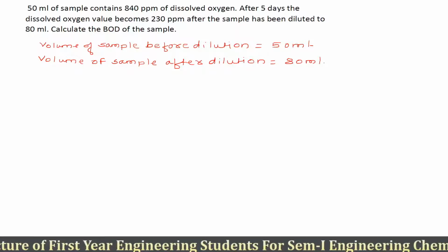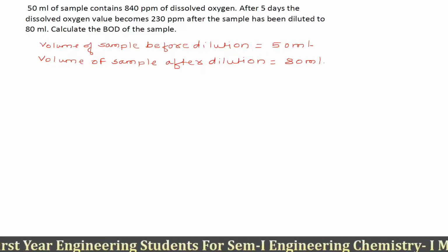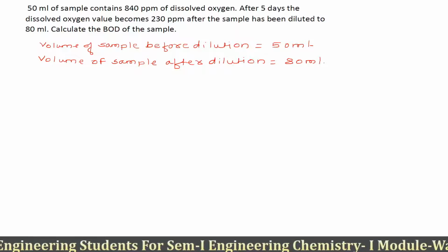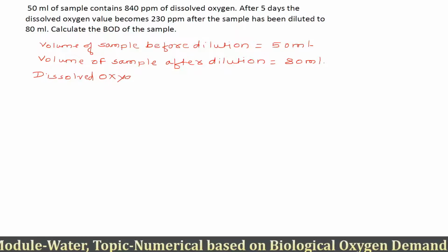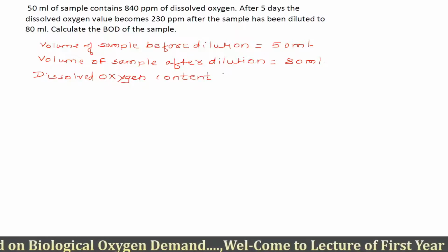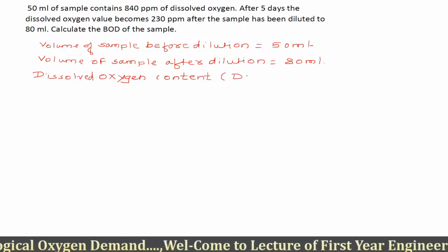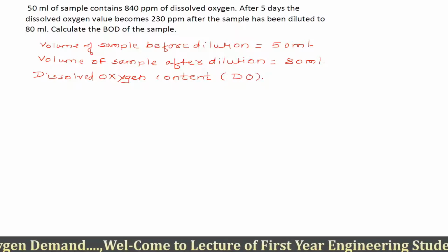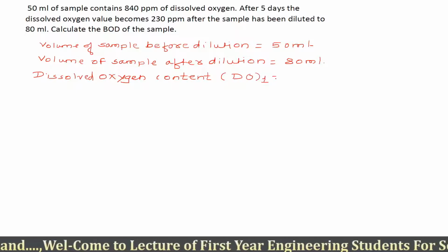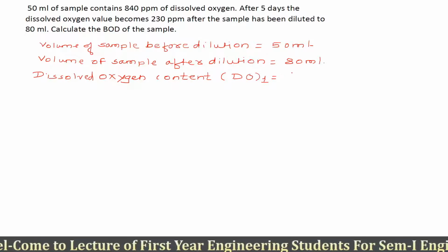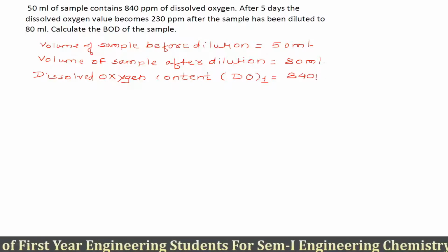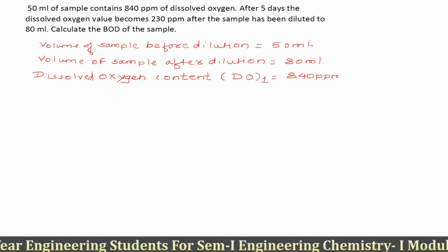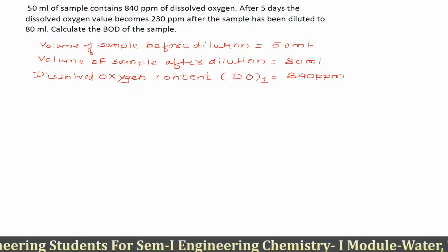Similarly, the dissolved oxygen content of each sample is also given. Dissolved oxygen content in bottle number 1, DO1, is 840 parts per million.